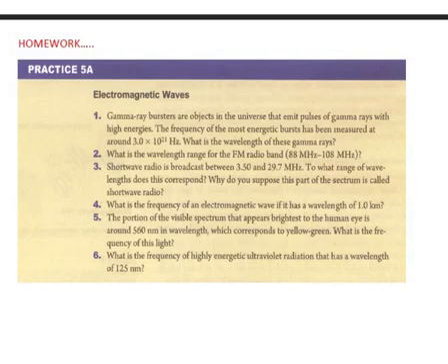Question 5. The portion of the visible spectrum that appears brightest to human eyes is around 560 nanometers in wavelength, which corresponds to yellow-green. What is the frequency of the light? Again, in question 5 it says find frequency. But you have to be careful about 560.